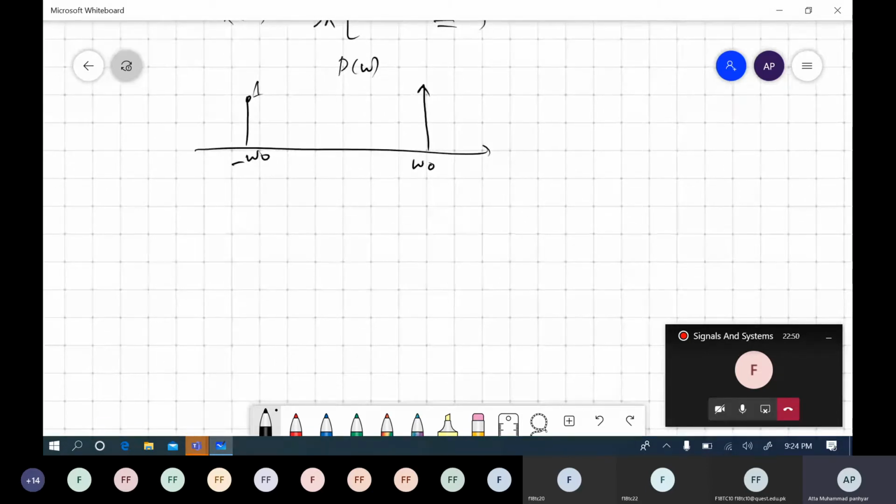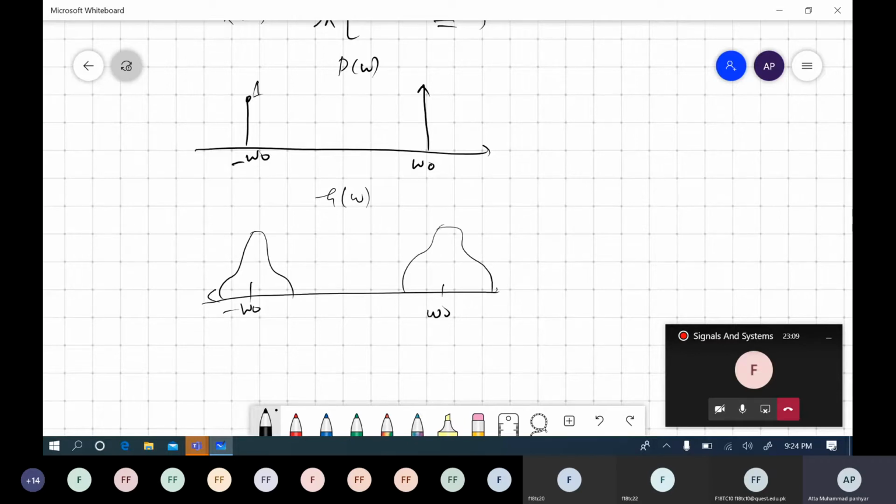Okay. And we have the G of omega signal, which at minus omega naught and at plus omega naught had its shape like this, right?